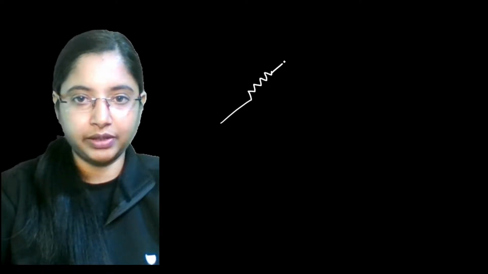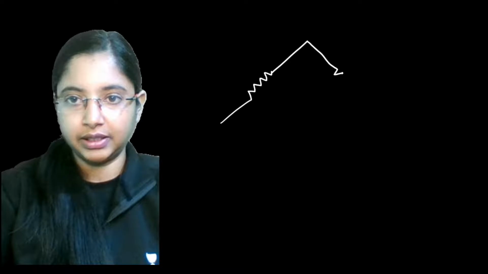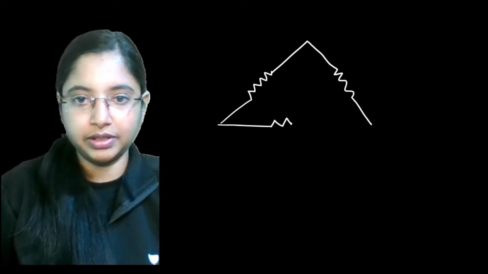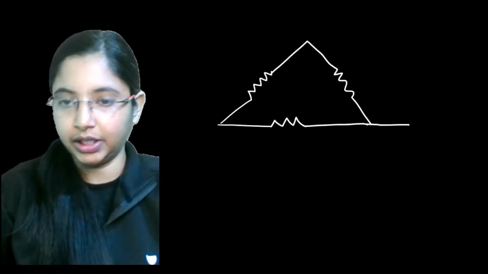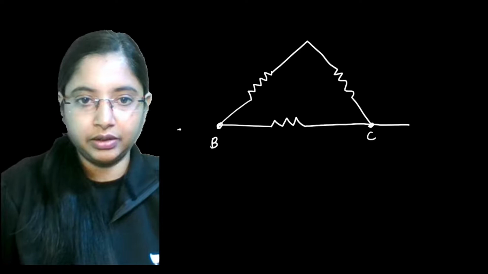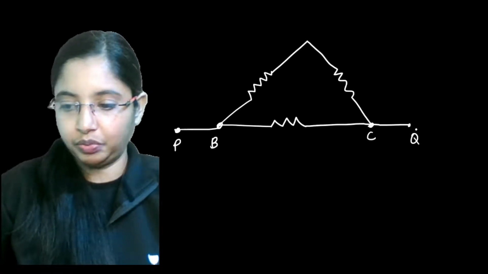Let's say there is one resistor across these two ends. Across this there is one more resistor connected. Let's say this point is C, this point is B. Now you're doing the entire connection across P and Q points over here.